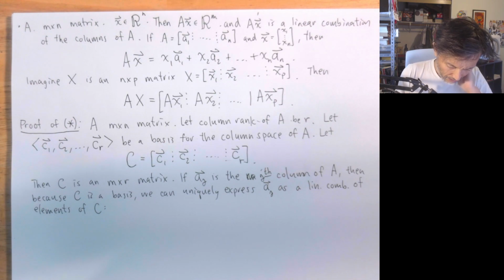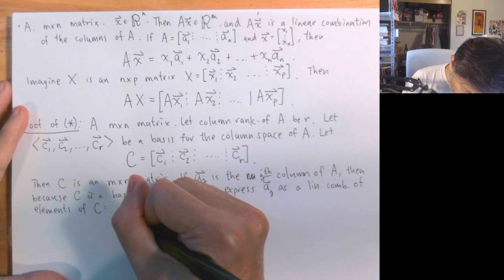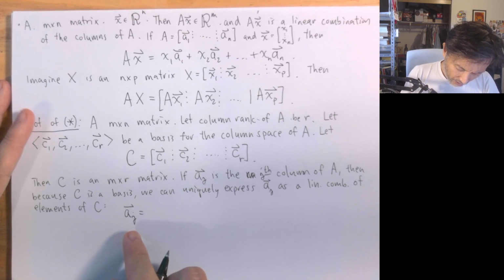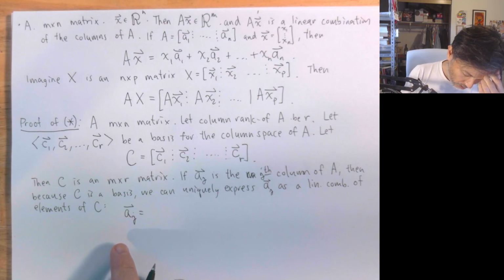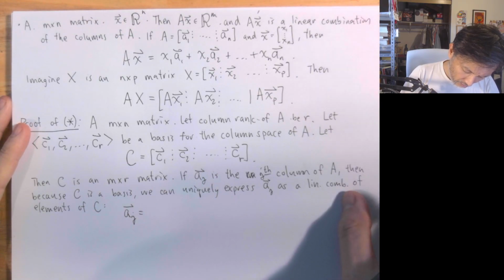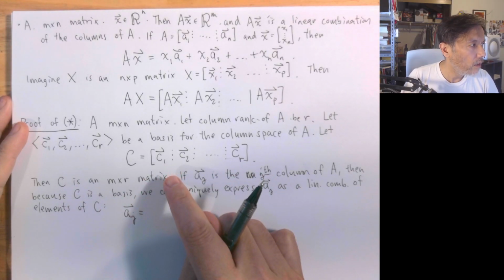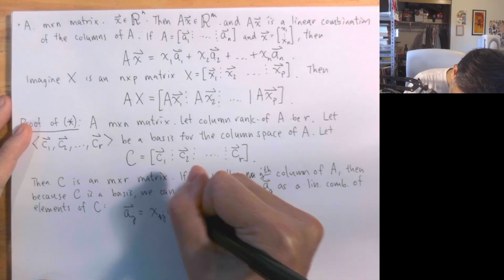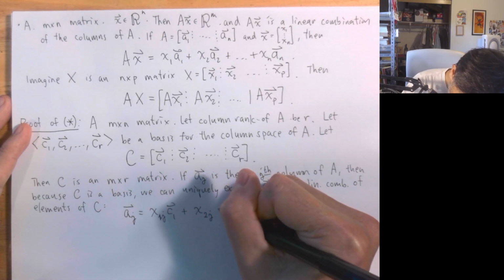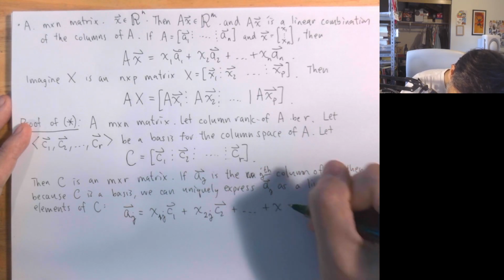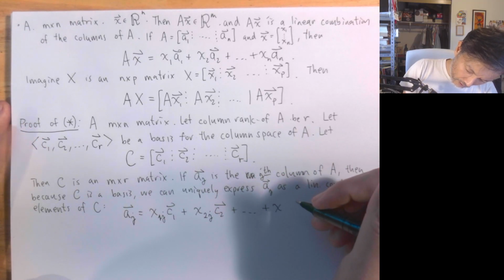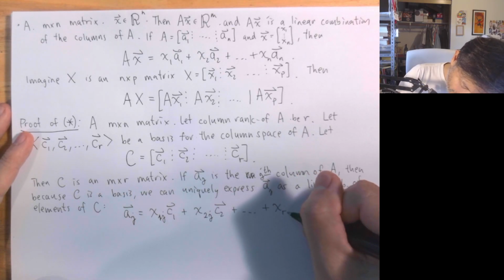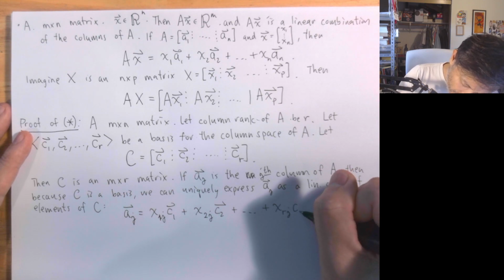So Aj, in other words the jth column of A, is equal to, let's call it, x1j times C1 plus x2j times C2 going all the way up to xrj times Cr.